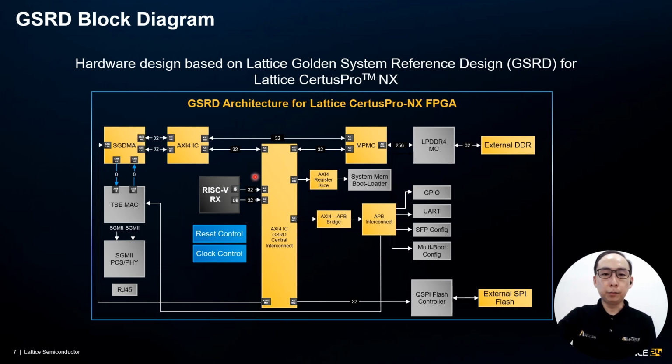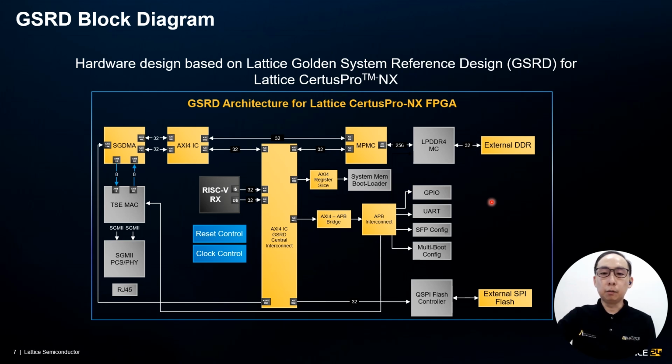For the memory system available in the GSRD, it offers the system memory, which uses the FPGA on-chip resources. This is a small memory and primarily used to hold the bootloader program. For larger applications that require more memory space, the GSRD offers the external LPDDR4 memory via the memory control block as shown here.